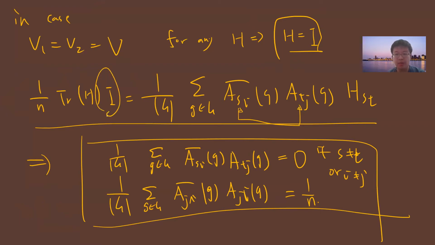So this is double identity. If you need this to be non-zero, these two indices must be the same, and this SI and TJ must be 0 if one of them is non-zero. Okay, so this is also orthogonality.